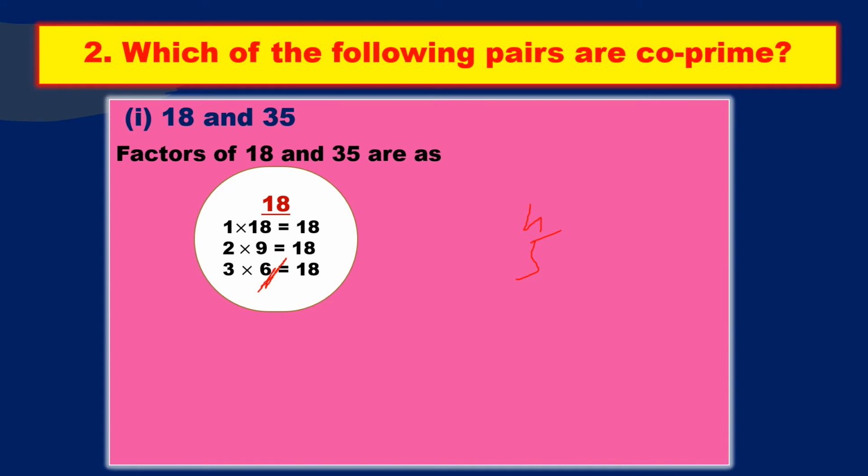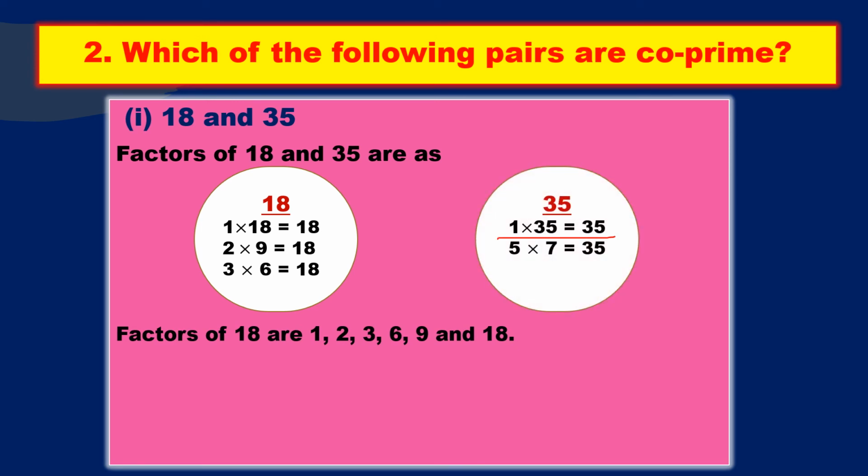Already 6 is here, so these are the factors. There will be no other factors apart from this. Now 35: 1 table it goes 35 times, in 5 table it goes 7 times. 6 table it will not go, and after 6 comes 7. So these are the factors of 35.